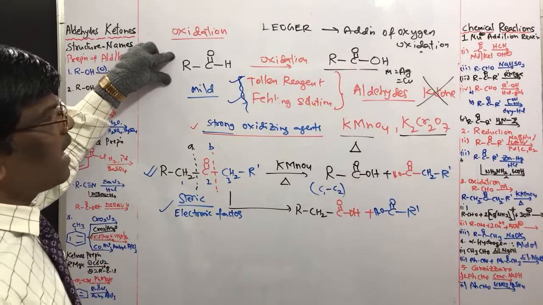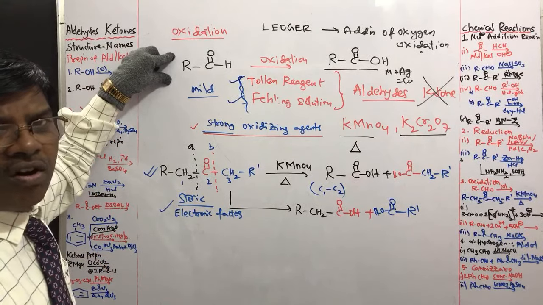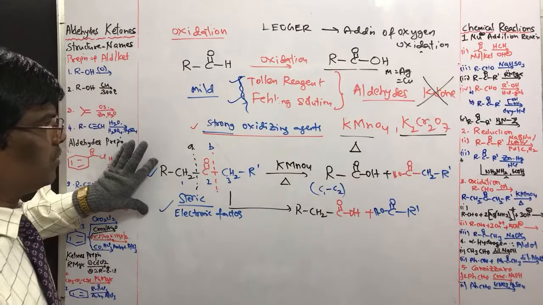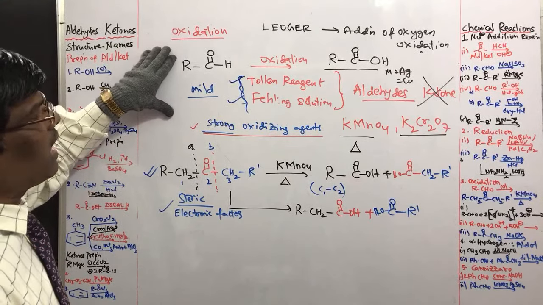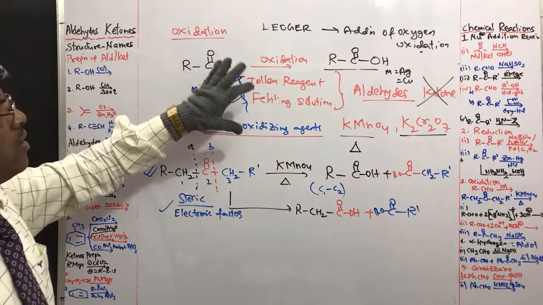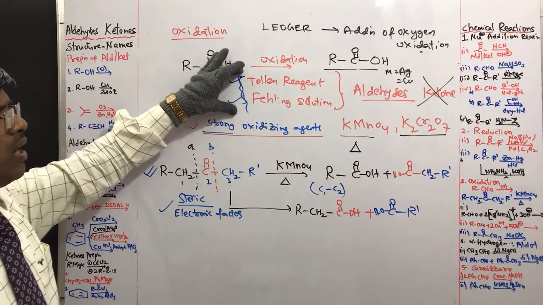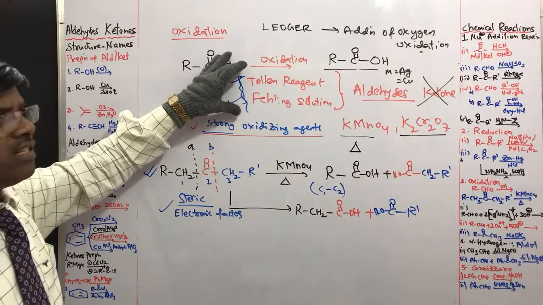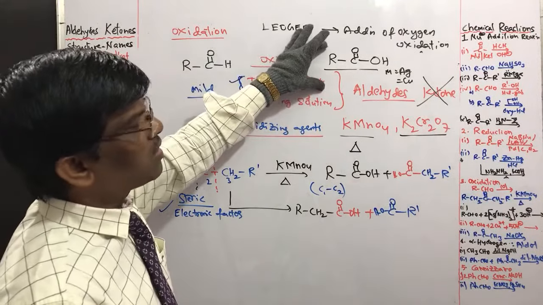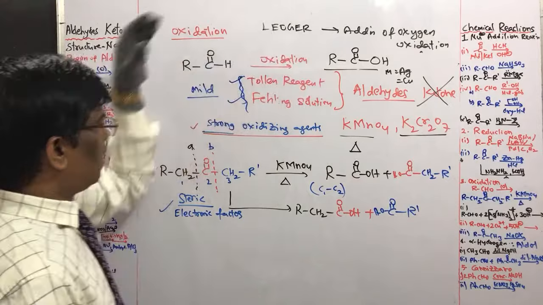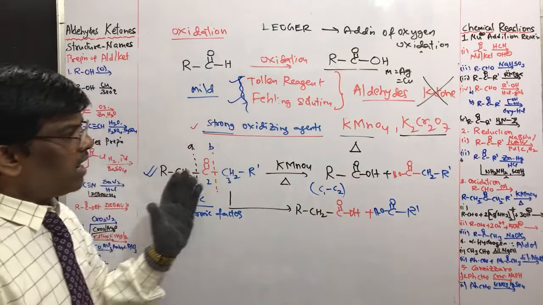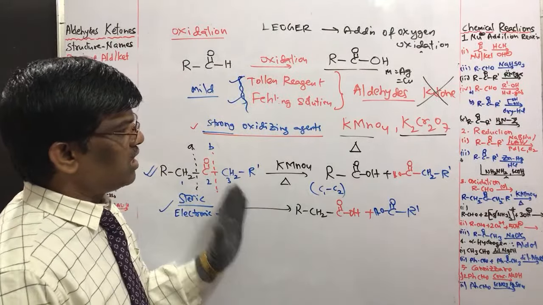Aldehydes easily undergo oxidation when compared to ketones. Even mild reagents like Tollens reagent or Fehling's reagent give oxidized products, carboxylic acids, from aldehydes, whereas ketones require strong oxidizing agents.